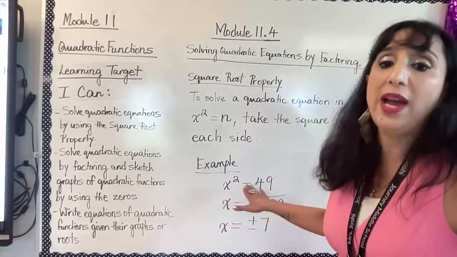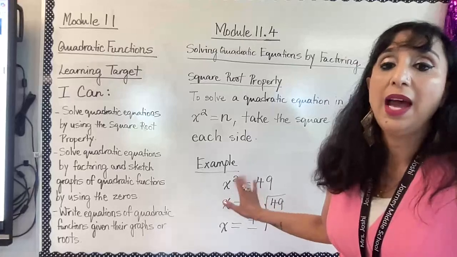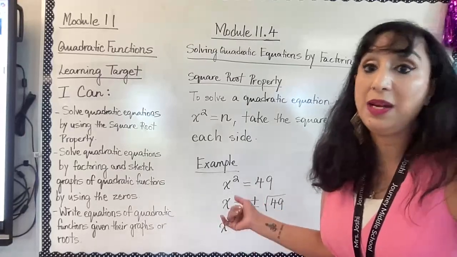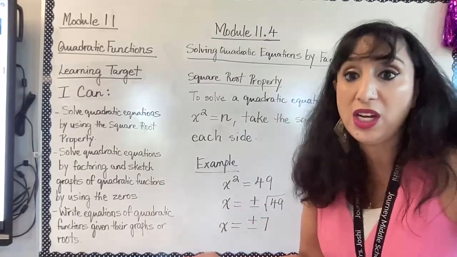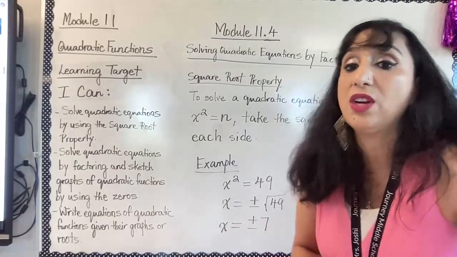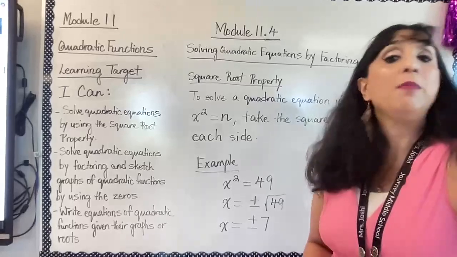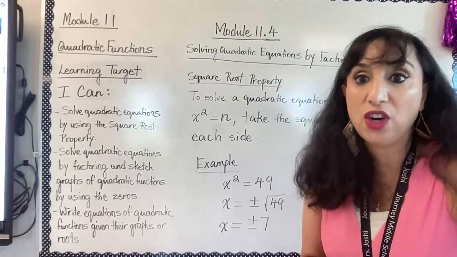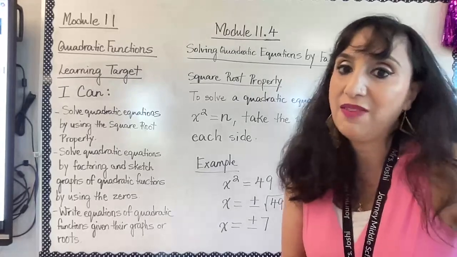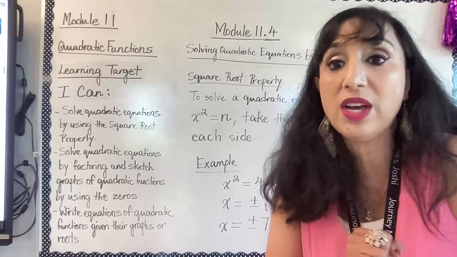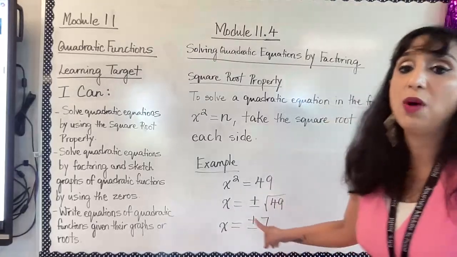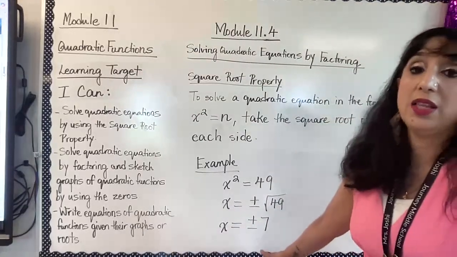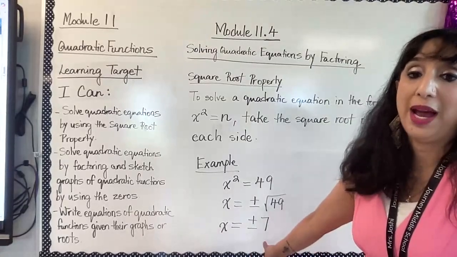If I say x squared is equal to 49, x can be the square root of positive 49 or the negative square root of 49, right? Because positive 7 times positive 7 gives me 49, but negative 7 times negative 7 also gives me 49. So that is why we write out the square root property in this format.